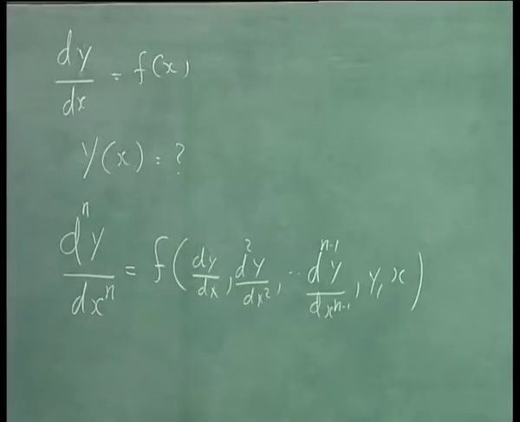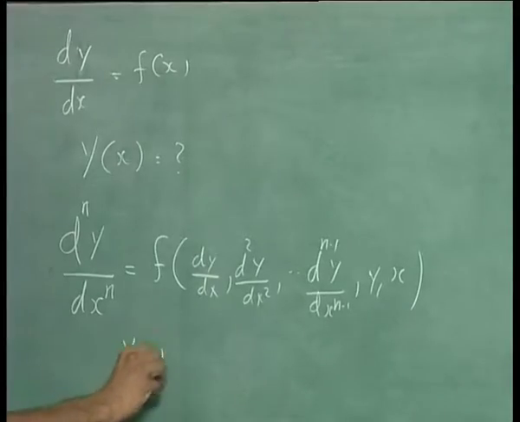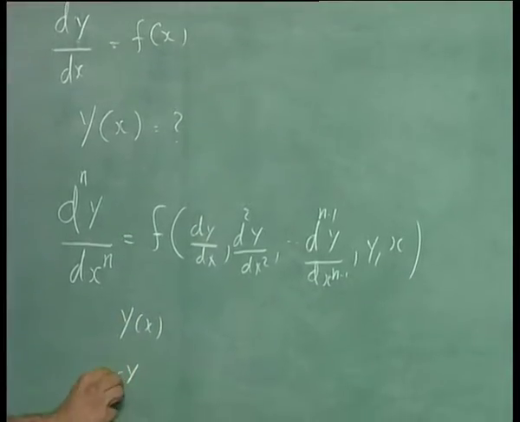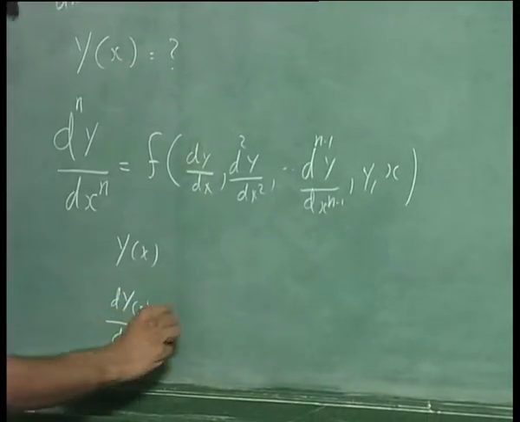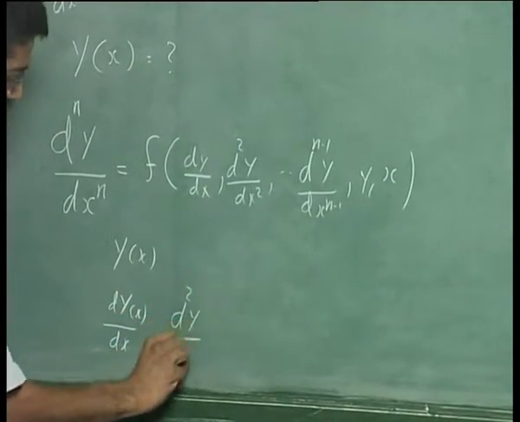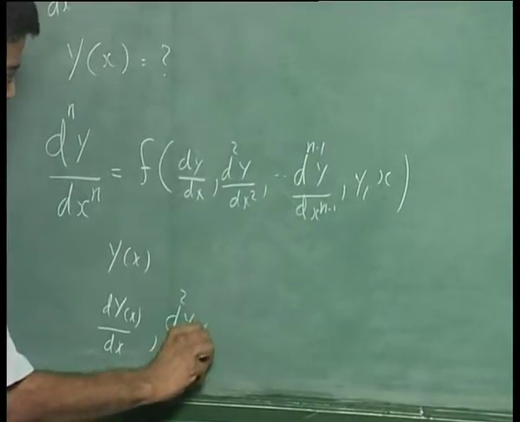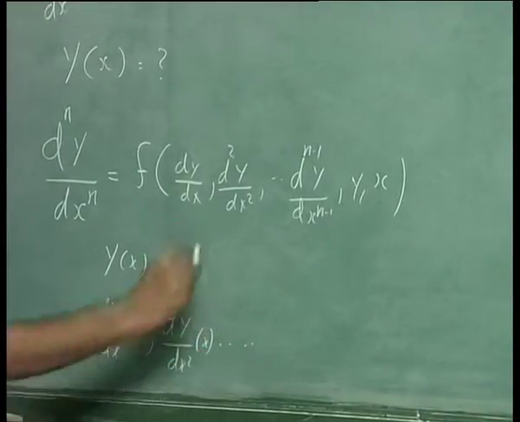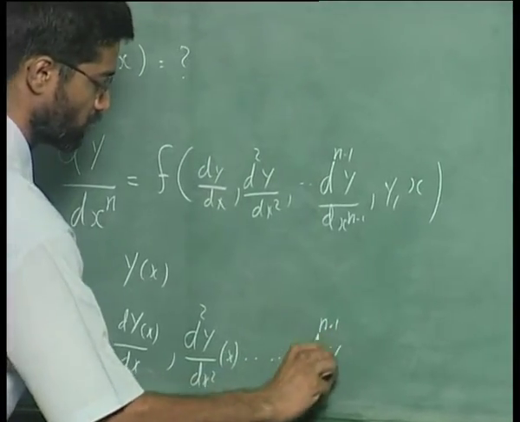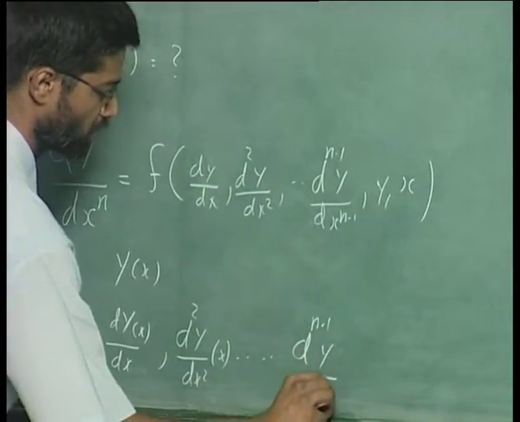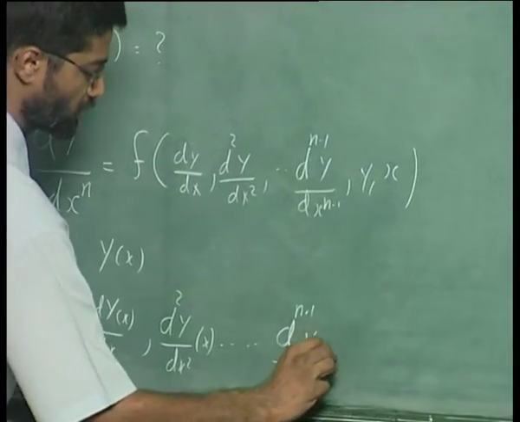Now we want to solve this equation, which means that we want to find out what is y of x, and what is dy by dx as a function of x, and d squared y by dx squared as a function of x, etc., all the way up to d to the power n minus 1 y by dx to the power n minus 1 as a function of x.